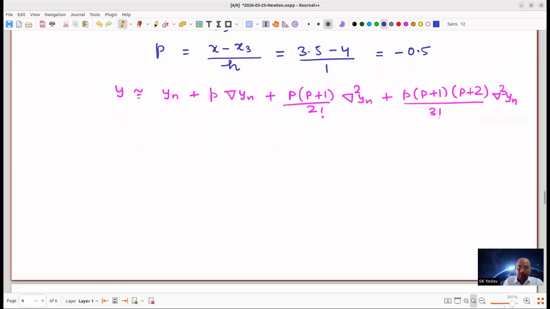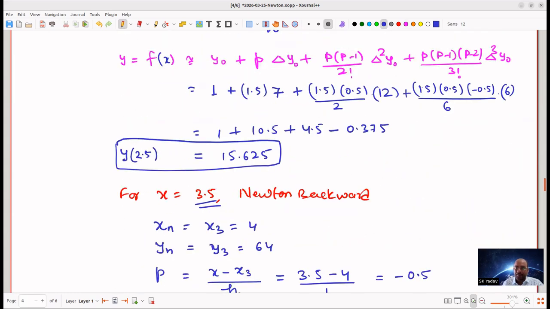And now let's put in the values. So I have now yn is 64 and plus minus 0.5 into the first backward difference here, and the second backward difference here, and the third backward difference. Now you can look at the table here.